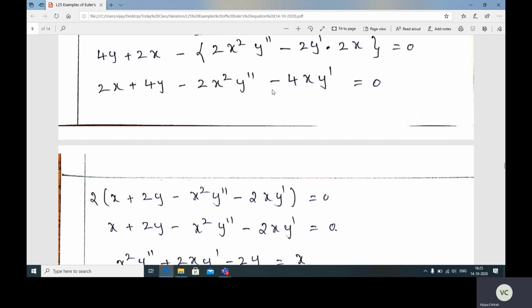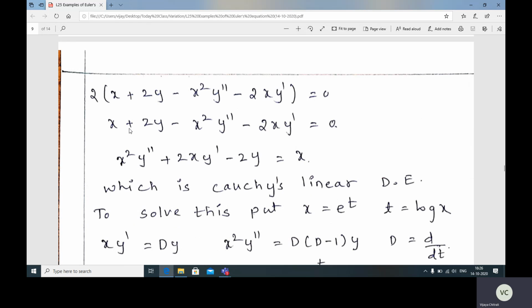Now 2 is common for all the terms. Take 2 common: x plus 2y minus x²y'' minus 2xy', this is equal to 0. Take this 2 to this side, 0 into something will be 0. So you will get x plus 2y minus x²y'' minus 2xy' equal to 0.